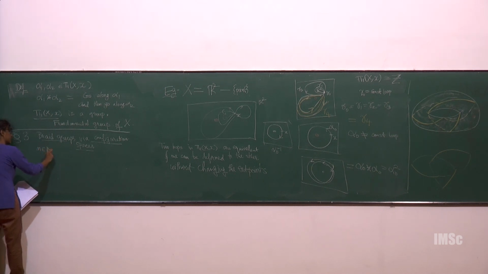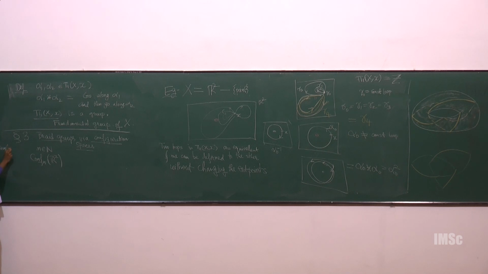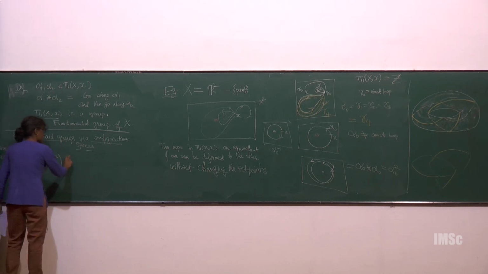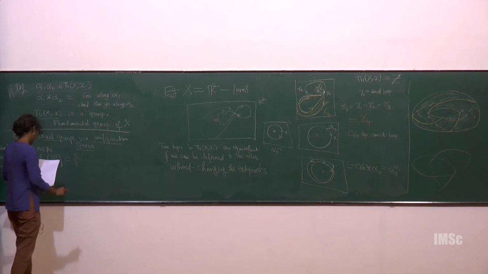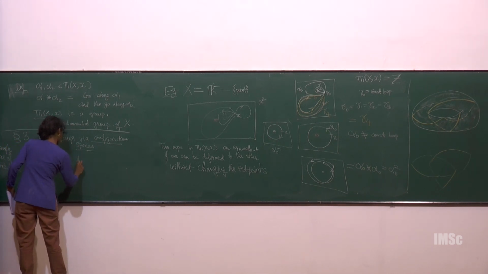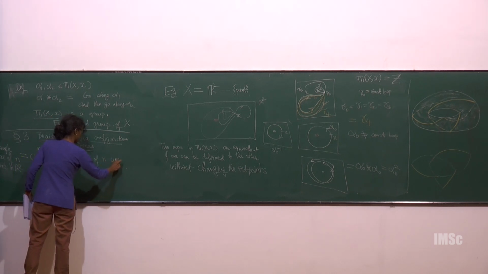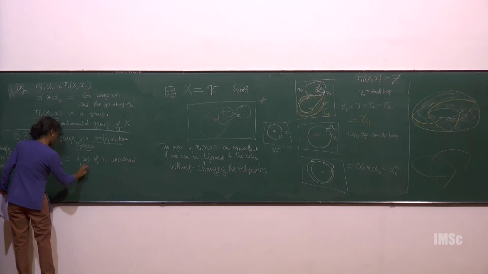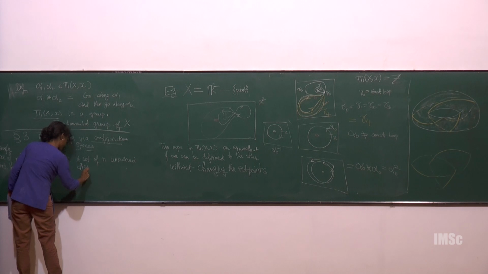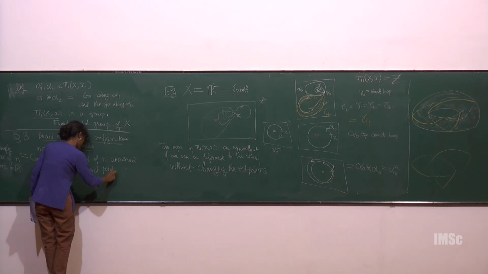So again, n is a natural number. I'm going to define a set called Conf_n(R2), which is the configuration space of n points in R2, denoted by Conf_n(R2), and this is just a set of n unordered distinct points in R2.